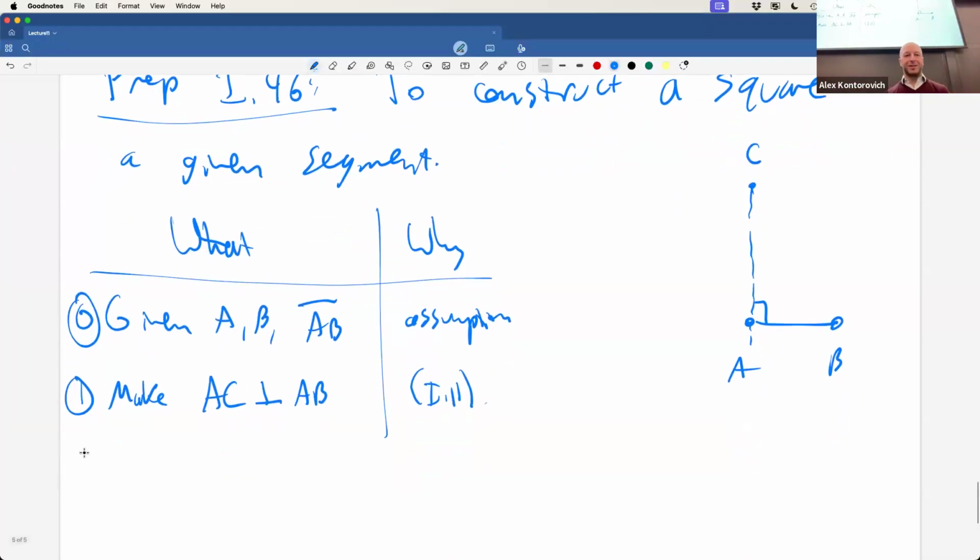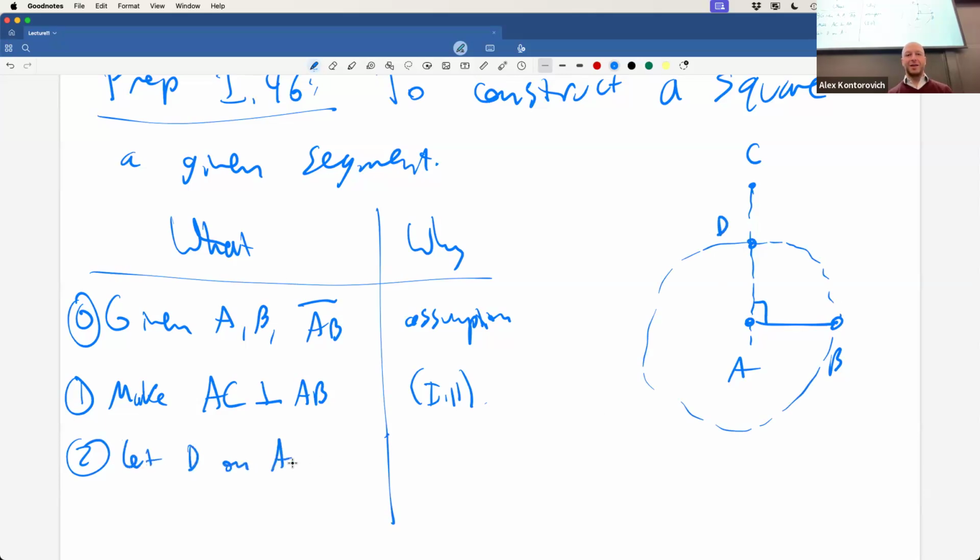Step 2 is we're going to make a length on AC that's the same as the length AB. Now here's something funny. He could just say, draw the circle between A and B and mark this point D. So let D on AC have length A to D the same as A to B. I would do this by drawing a circle and arguing that this length is the same as that length.